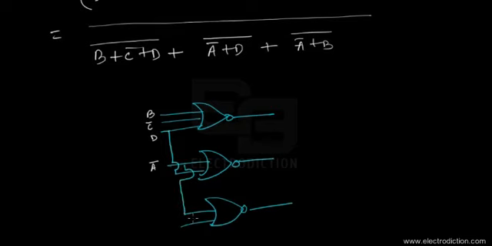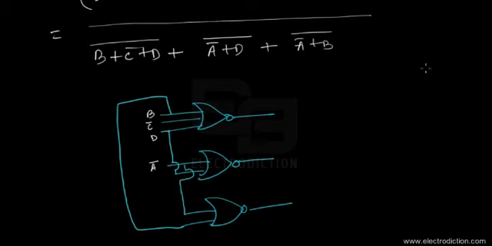The only extra input would be B, and we can also join B together since we have one already. Now that makes up our circuit.